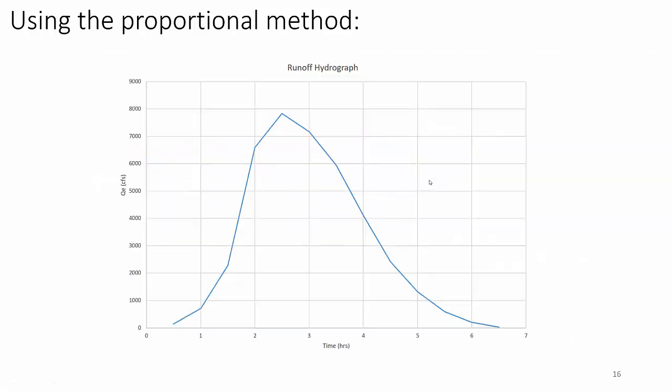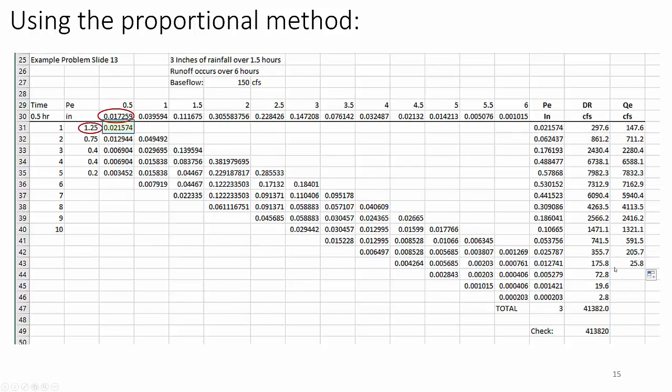This gives us, now we graph this, and we have an effective rainfall event. We've taken our base flow out. If you want to do a real base flow, add 150 to the bottom of this, and we see what a 3-inch rainfall event for our watershed would look like, with a time of peak at about 2.5 hours. And you can see the relationships are fairly clearly defined here.